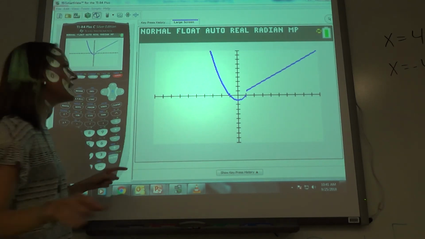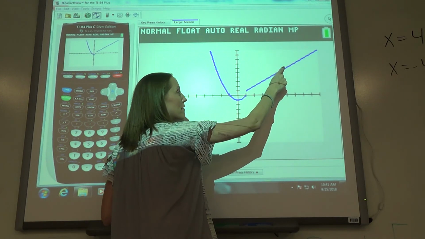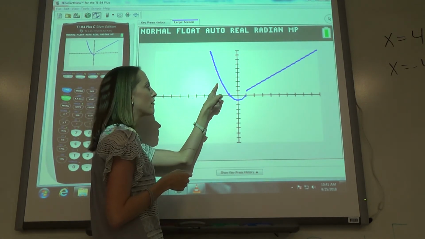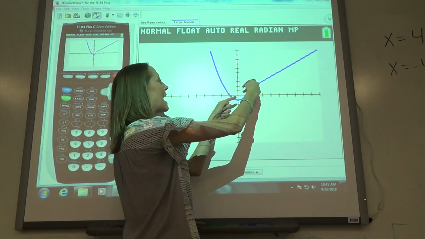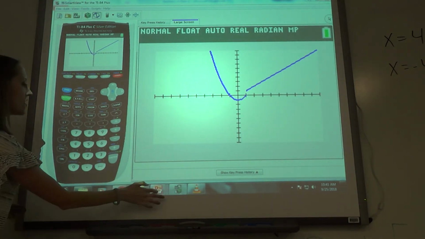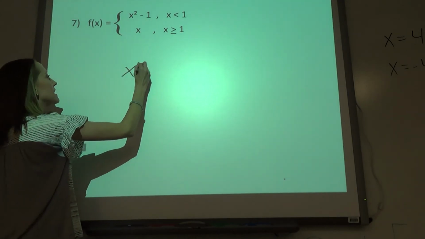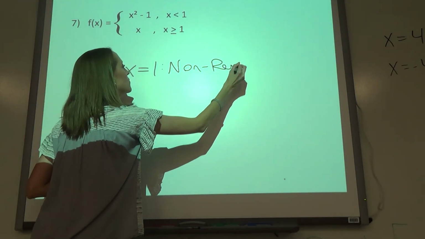And if you see right here at where x is 1, the limit from the right would be 1, and the limit from the left would be 0. The limit does not exist at x equals 1. So for this one, I would have to say x equals 1 is non-removable.